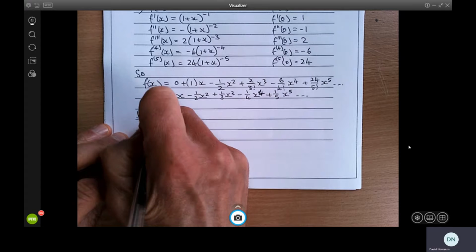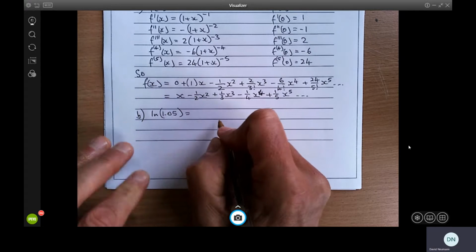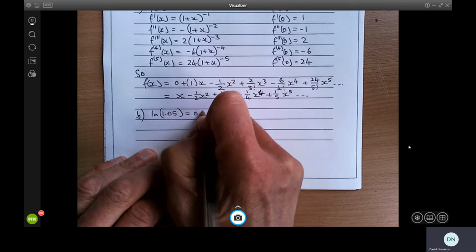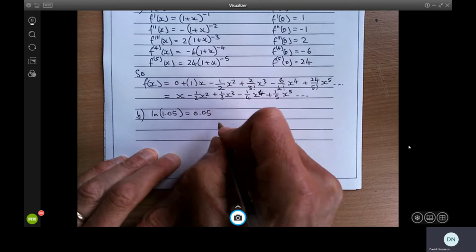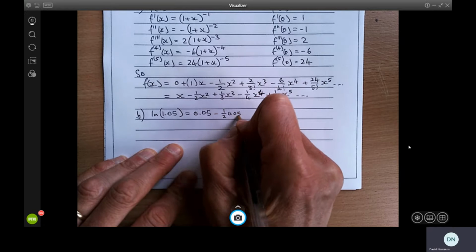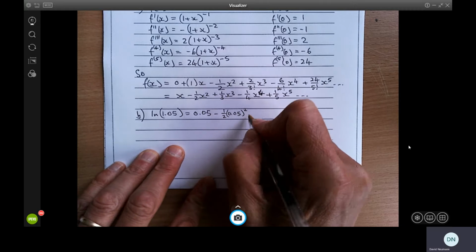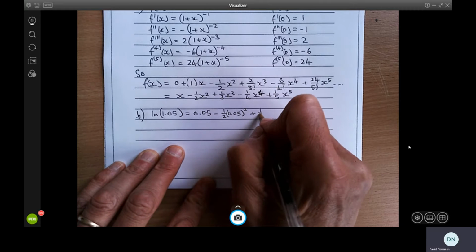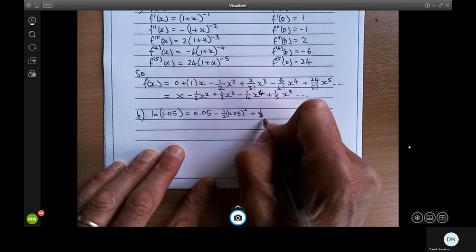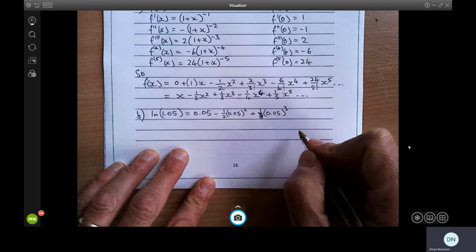So ln of 1.05 is equal to 0.05 minus a half 0.05 squared plus a third of 0.05 cubed.